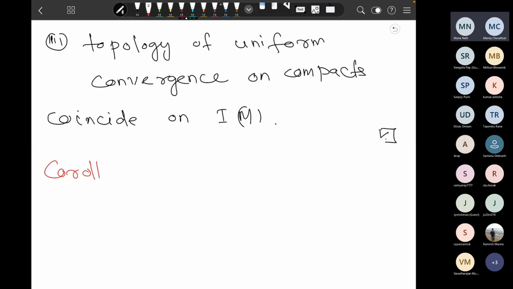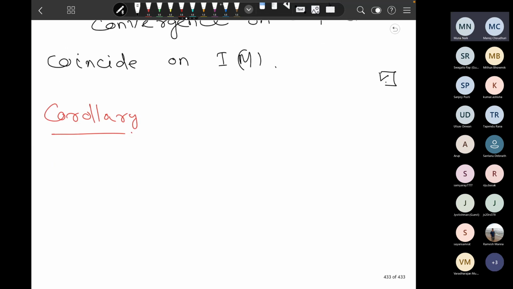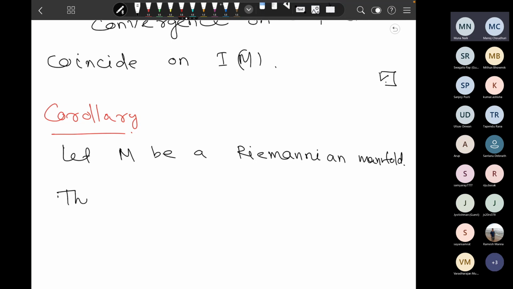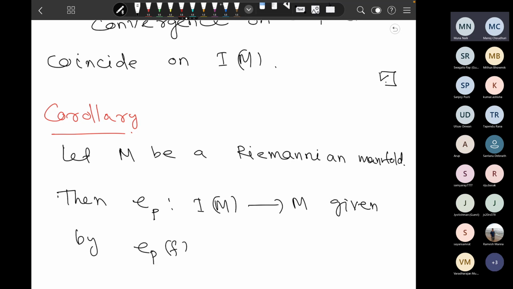Corollary: let M be a Riemannian manifold. Then the evaluation map E_p from I(M) to M, given by E_p(F) equal to F(p), is continuous.